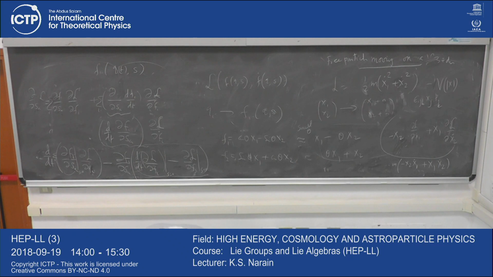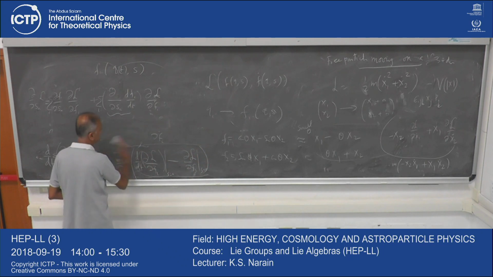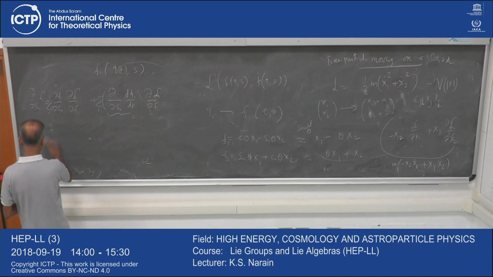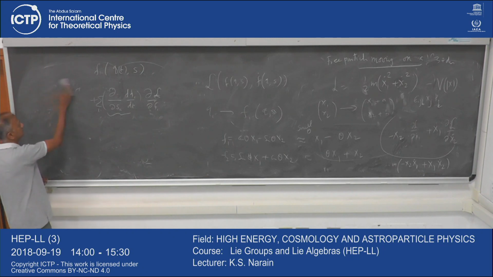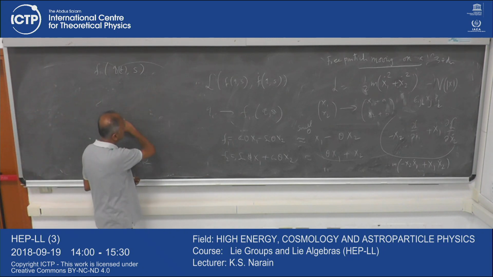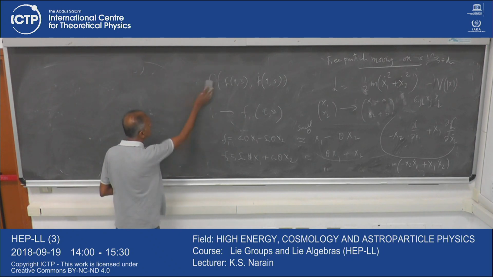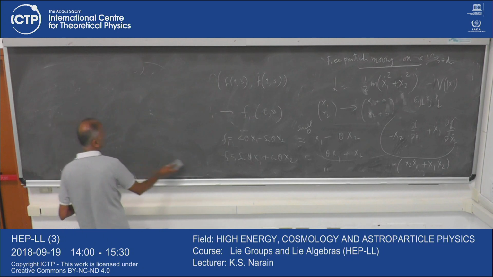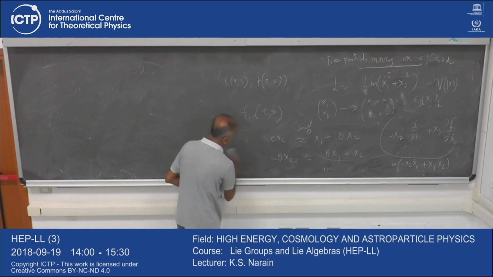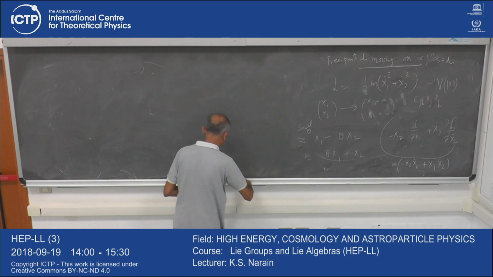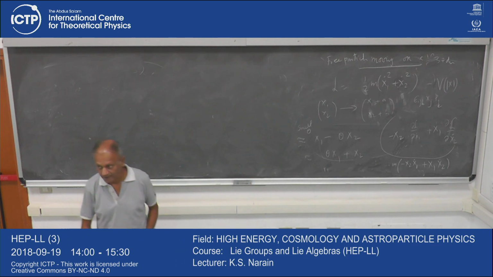Okay. Now let's go to the first non-trivial examples of the non-Euclidean group. We already discussed that, but let's do it a bit more systematically. We'll start with SU2 and then move to SO3.